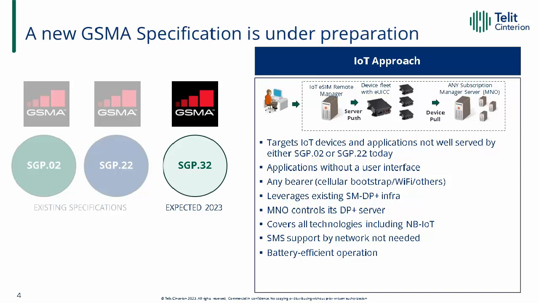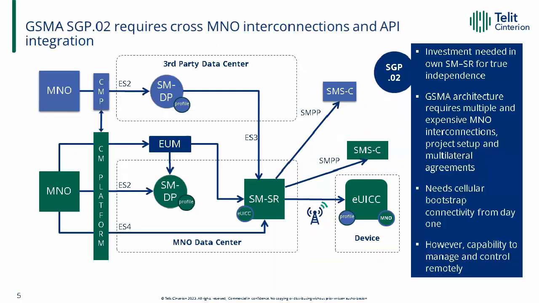So for those battery-powered IoT devices, you will definitely go with this new approach. But this new approach standard is not ready yet, so it's still under cooking. So that's why today we are going to focus on the previous two standards.